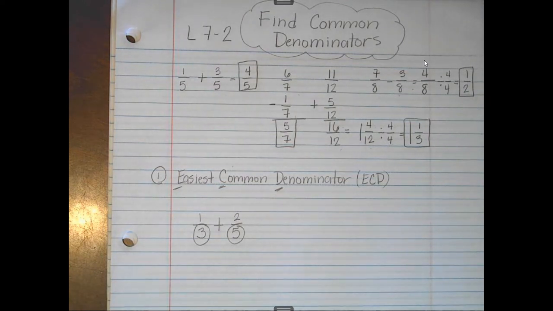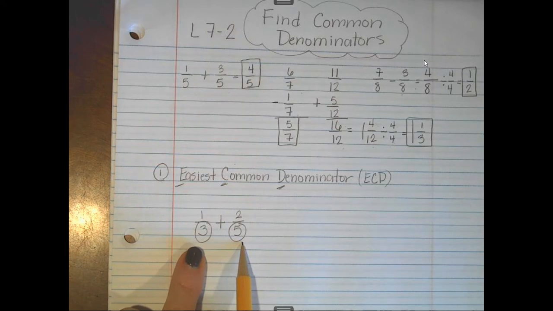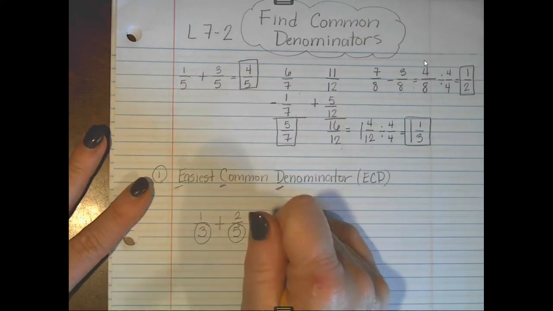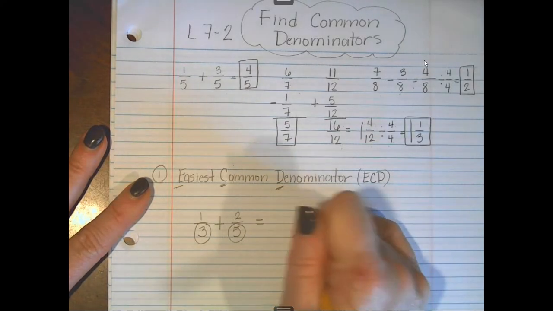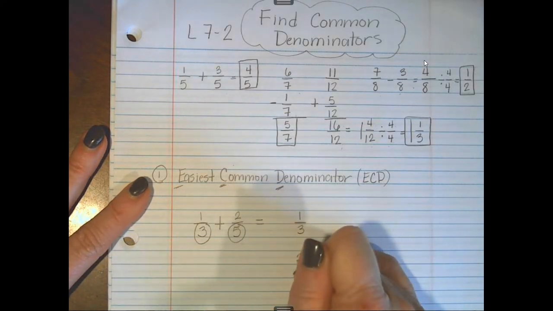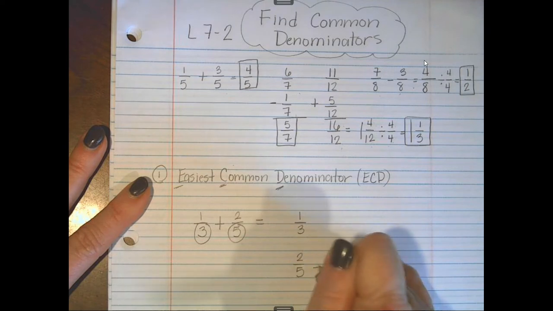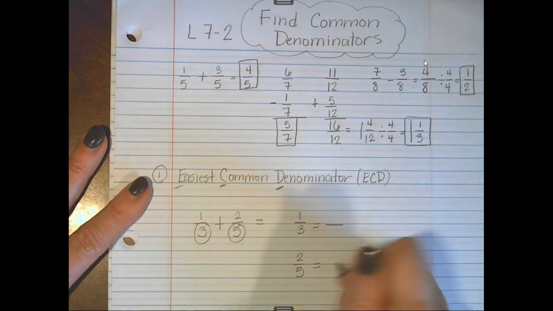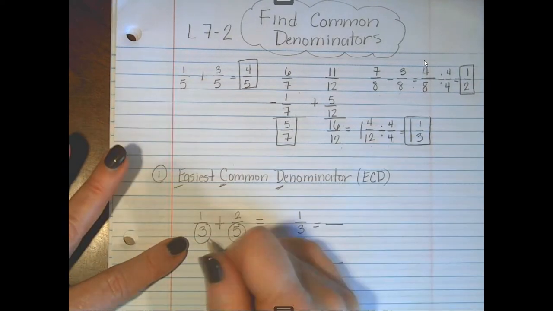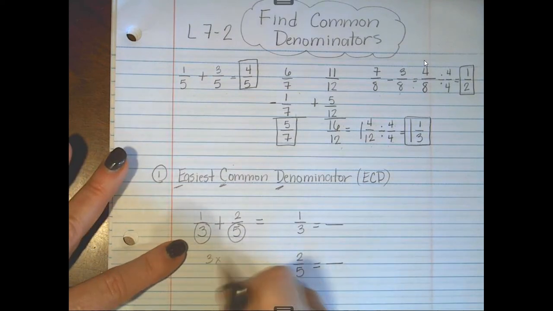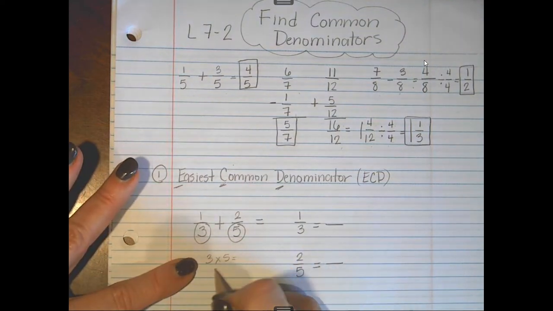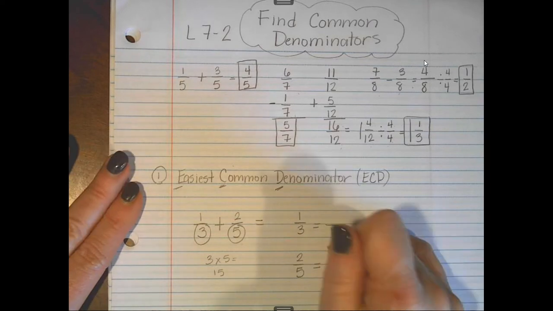So I know that these two denominators have 15 as a multiple or a product in their list. So I'm going to rewrite this. I like to stack them when I first start working with them. I'm going to stack them, and I'm going to set up right here where I'm going to take the product of 3 and 5, the product of my two denominators.